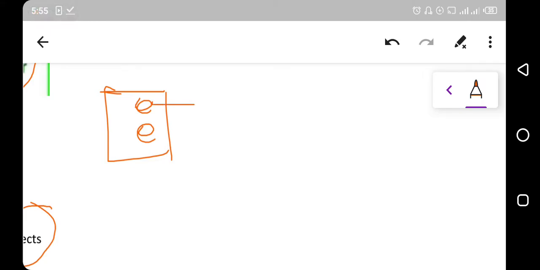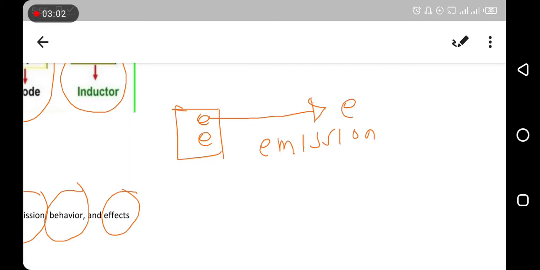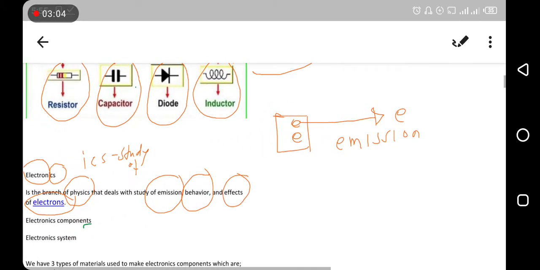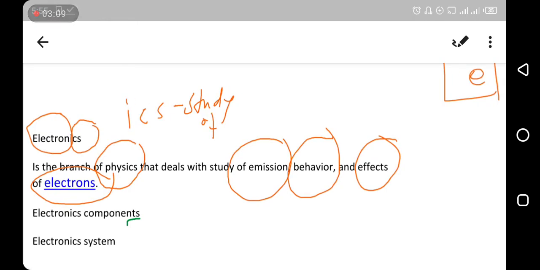If electrons are knocked out of the metal surface, we call this emission. So also the behavior of electrons, we'll discuss, and also the effects of electrons.